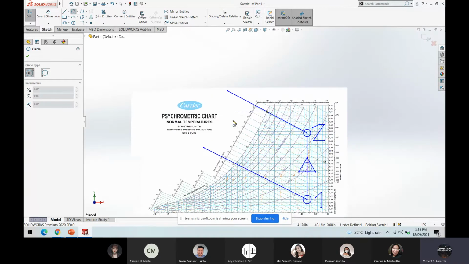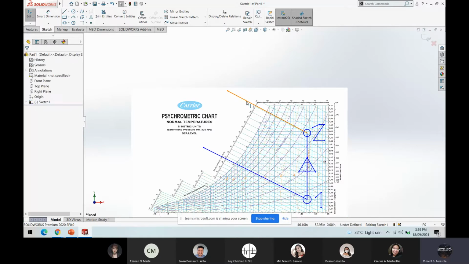So you observe that state 2 is higher and state 1 is lower. So the specific enthalpy in humidification is increasing. And it is also the same for the wet bulb temperature, since they have the same graphical representation.